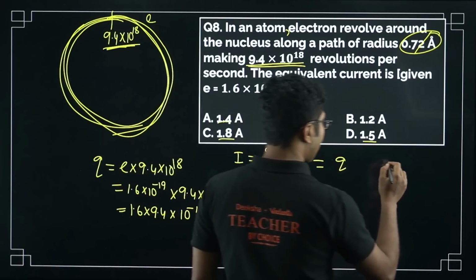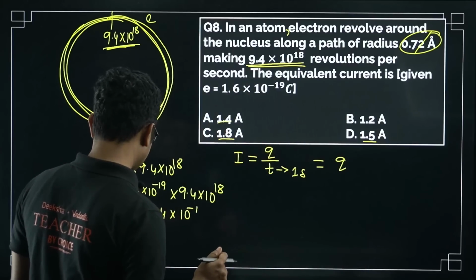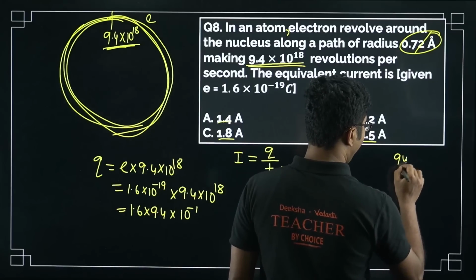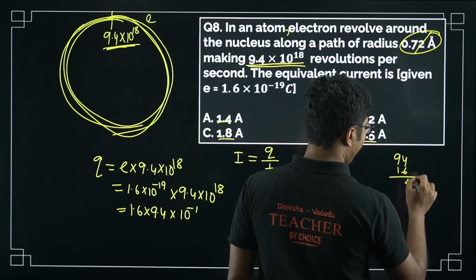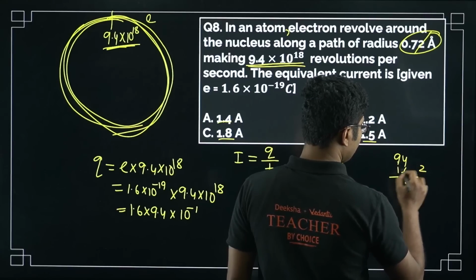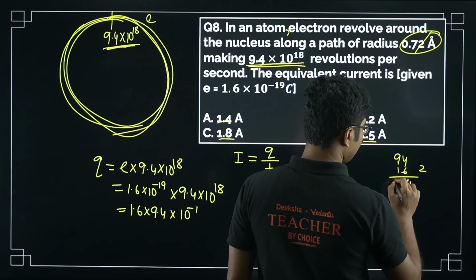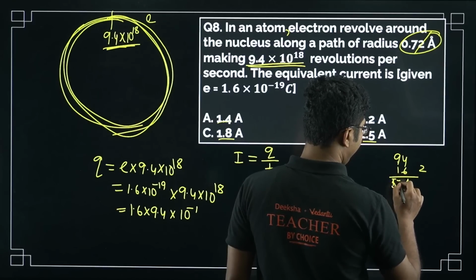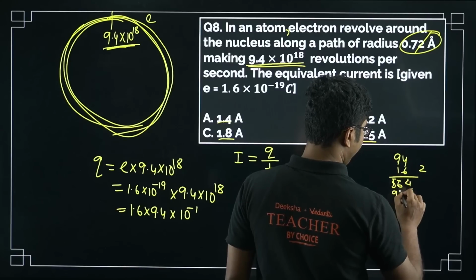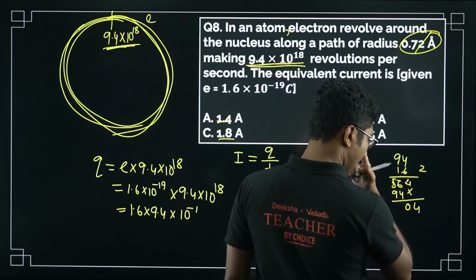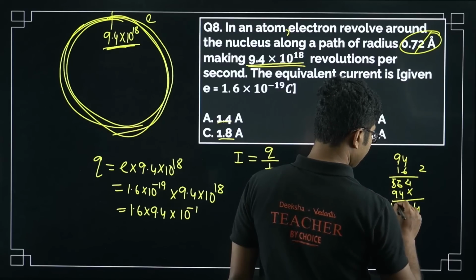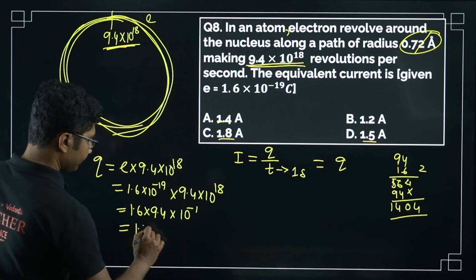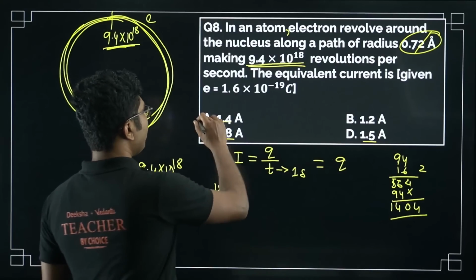So 1.6 into 9.4 we have to multiply. So it will be 1.4 ampere. Okay, it will be 1.4 ampere.